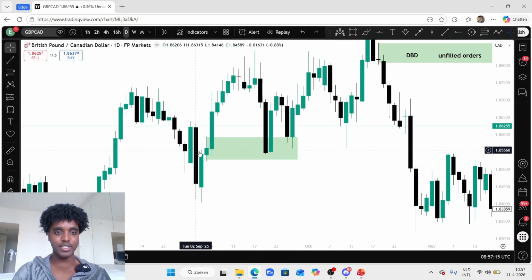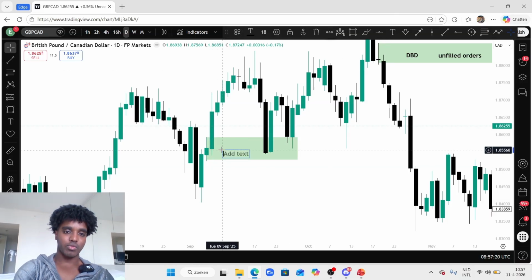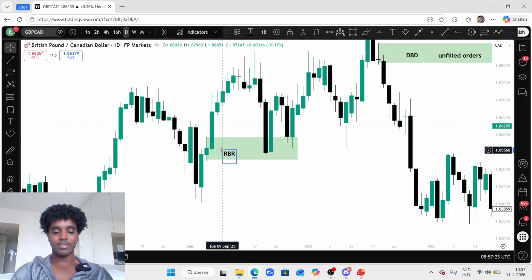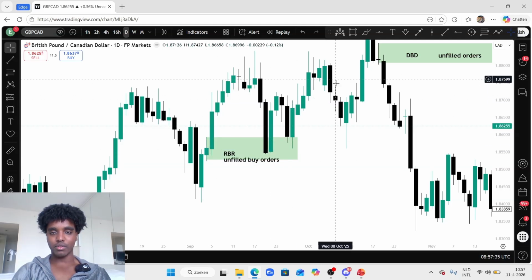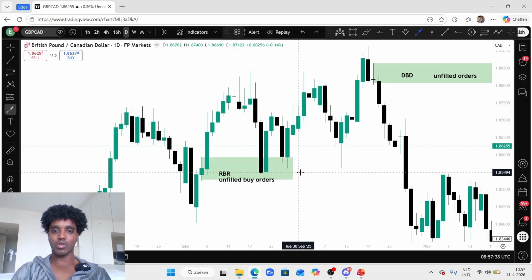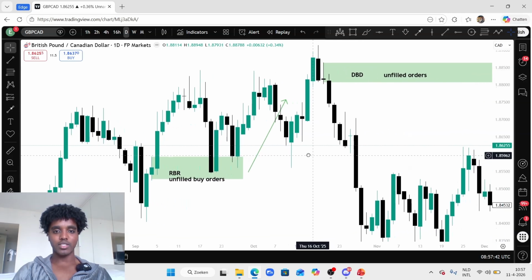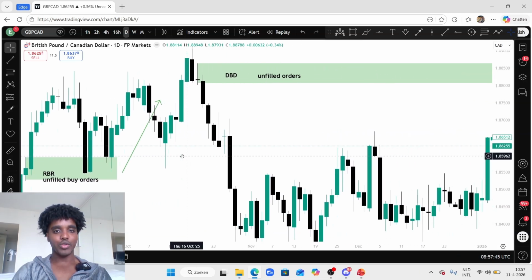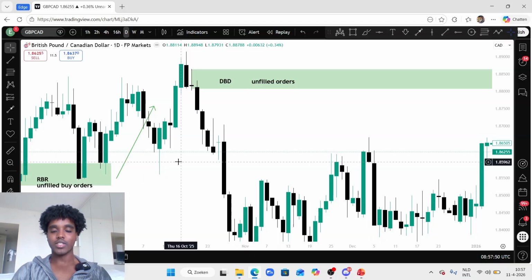So that's a rally base rally demand formation, and they will have unfilled buy orders left. And when price comes in that zone, it reacts from that level, creating this upward movement, right? So that's how you practice supply and demand formations in the charts and how you can find these unfilled orders left by these institutions in real time, right?